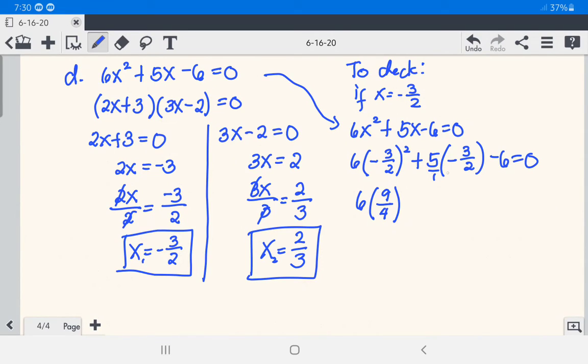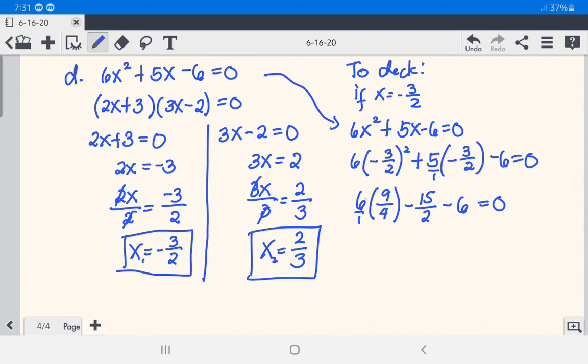So 5 times, positive 5 times negative 3, that is negative 15. Over 1 times 2, we have 2. Then minus 6 is equal to 0. So we can now cancel 6 and then 4. The common factor of these two numbers is 2.